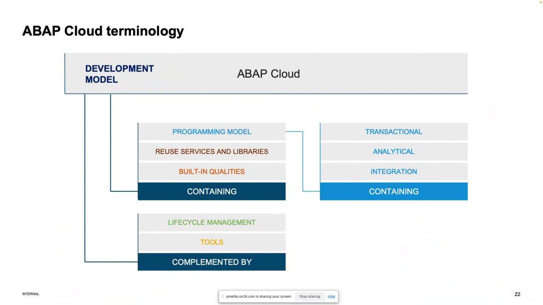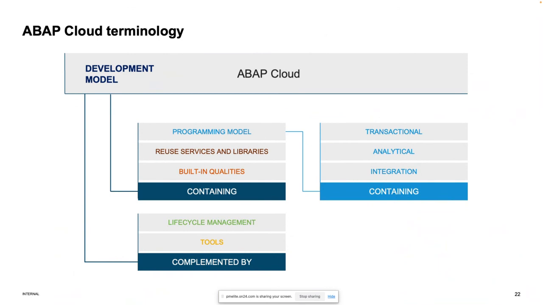But of course, the world is not only transactional, so we also need a good way of having an analytical programming model and of course an integration programming model, because nowadays we always have multiple systems. So that's the way how we compose it together. So you have the ABAP Cloud programming model containing a transactional aspect, an analytical aspect, and an integration aspect.